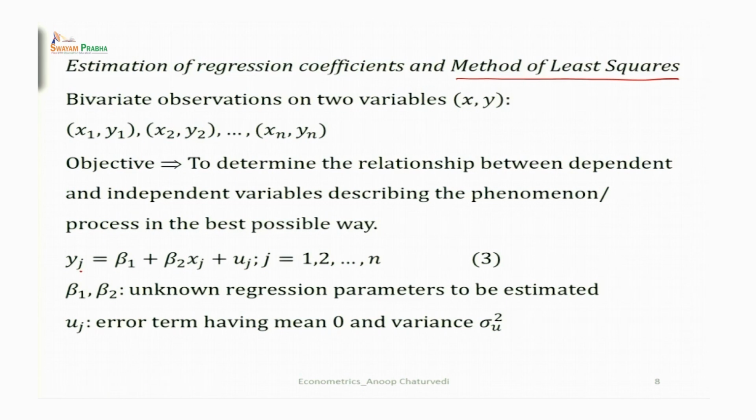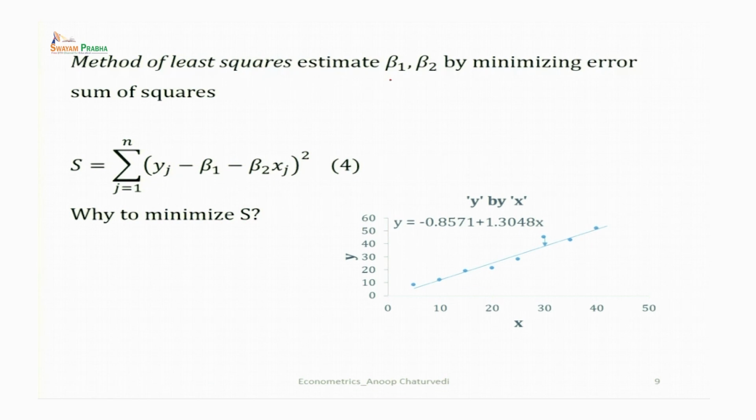So, corresponding to the jth observation, we write y j equal to beta 1 plus beta 2 x j plus u j, j equal to 1 to n, and then you have to estimate beta 1 and beta 2. Again u j is the error term having mean 0 and variance sigma square u. Then the method of least squares estimates beta 1 and beta 2 by minimizing the error sum of squares.